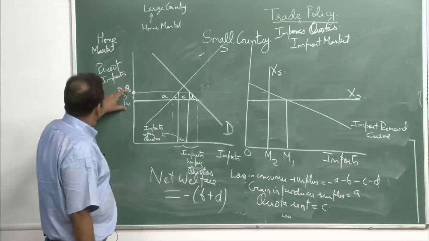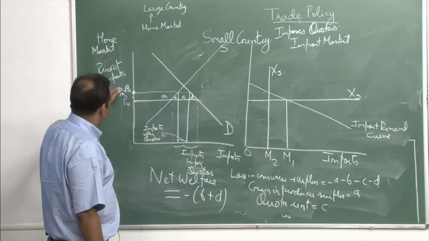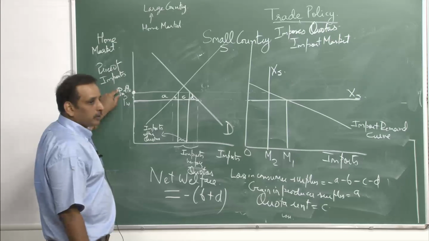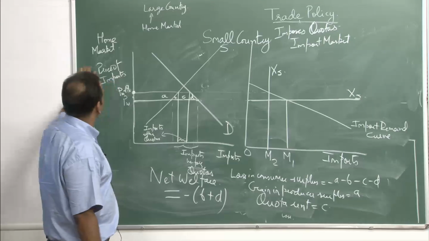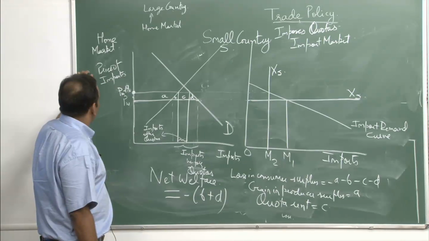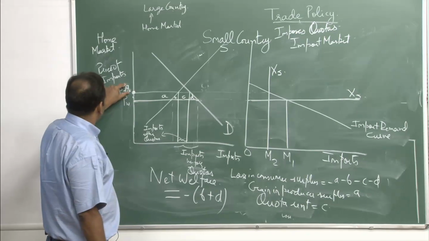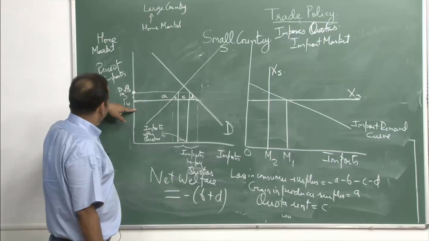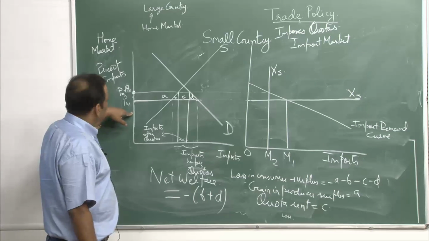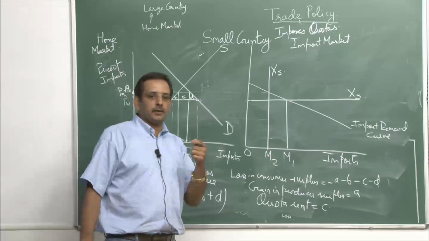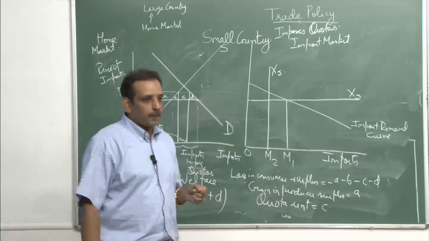You would have the price rise in your country, which will not be equivalent to the increase because of quotas, because the international prices will go down. So again you would see an improvement in the terms of trade, right.